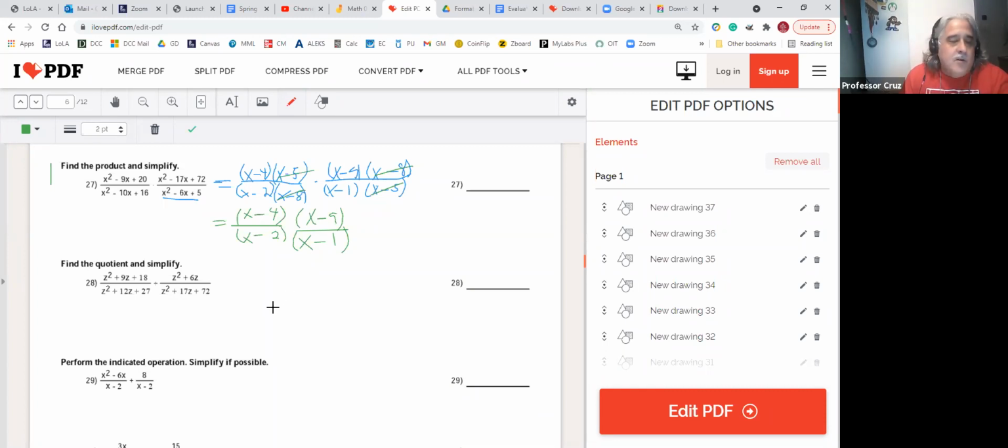All right, so next one is a quotient. So what we got to do is take this one and turn it upside down. The other one stays the way it is.